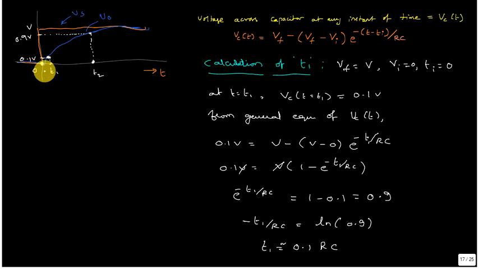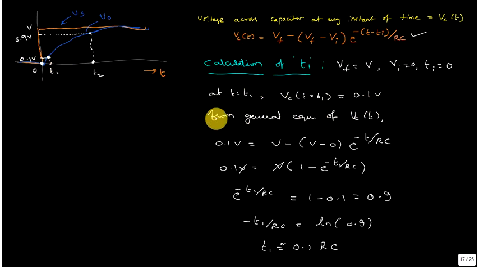And we are going to calculate T1. We know the voltage across the capacitor at t equal to T1 is 0.1 V. So 10% of the final voltage is reached by the capacitor at the time T1. Since V is the final voltage, 10% of it is 0.1 V. From the general equation of Vc(t), substitute: small t should be replaced with T1.